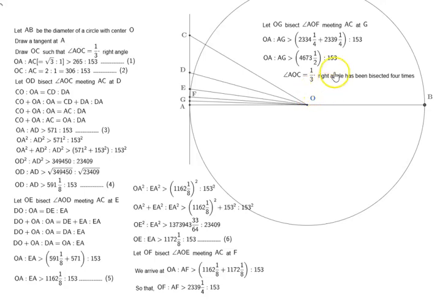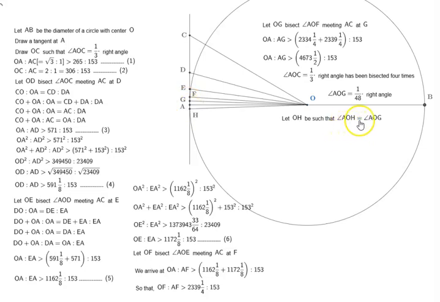That is 1 by 3 times 1 by 16, which means angle AOG is equal to 1/48 of a right angle. Let OH be drawn below OA equal to the angle AOG.